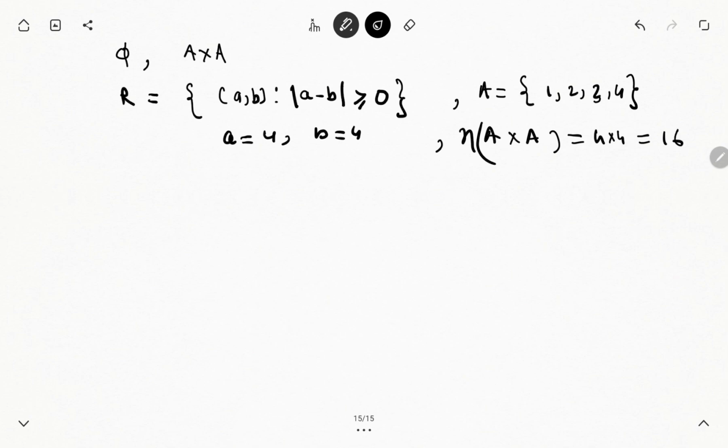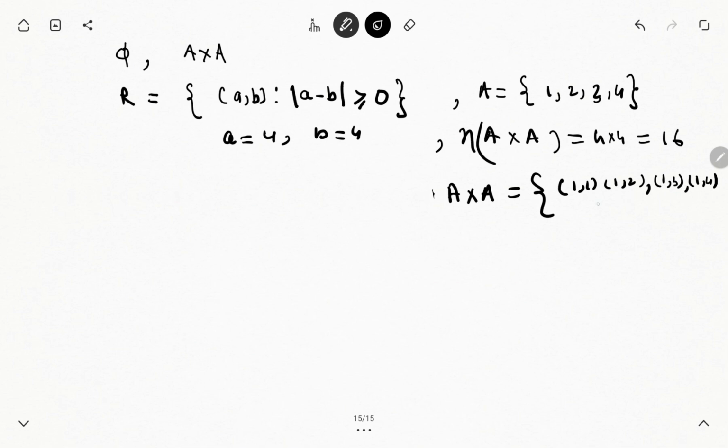And the 16, I am giving you the example of these 16 ordered pairs. Now see, A cross A consists of ordered pairs like (1,1), (1,2), (1,3), (1,4), right?